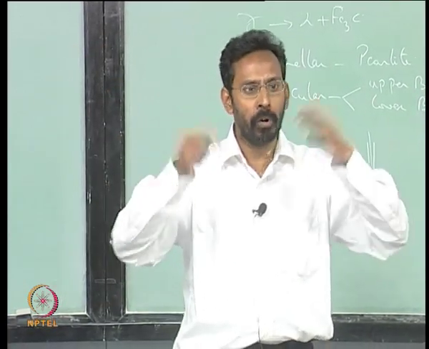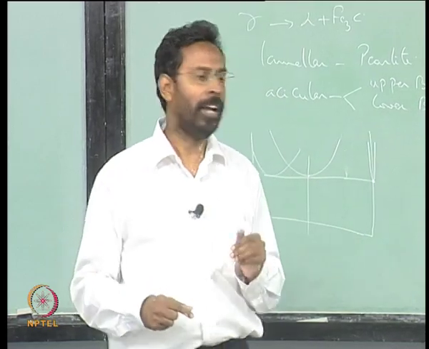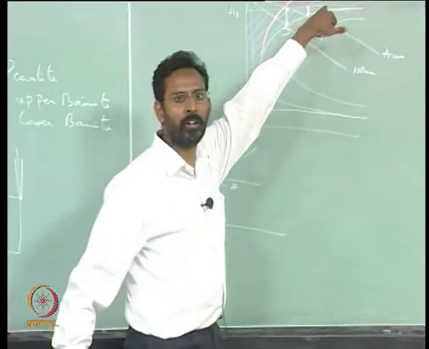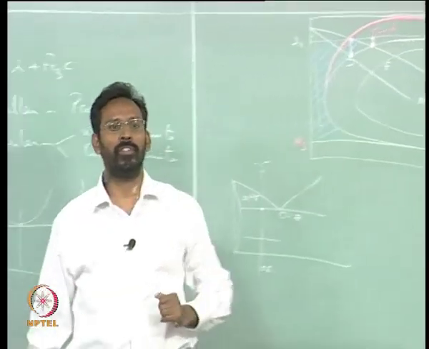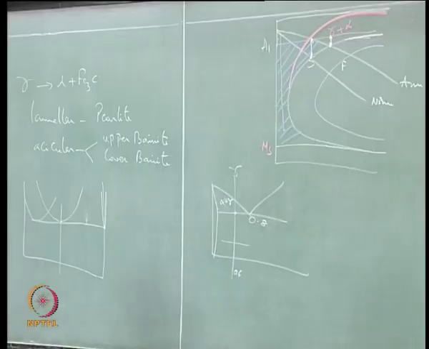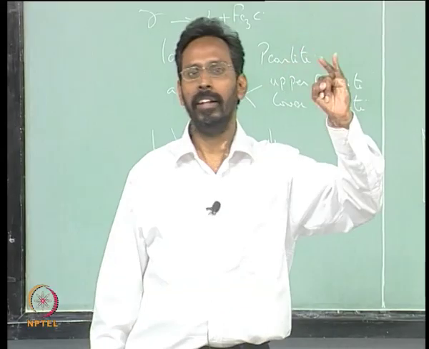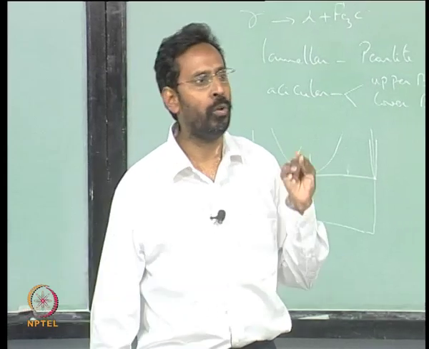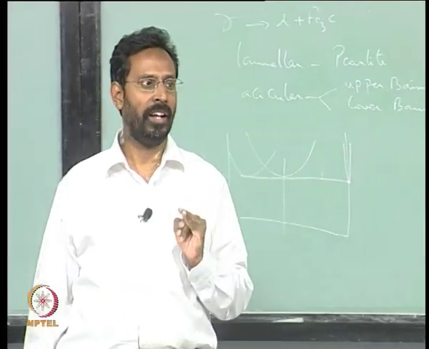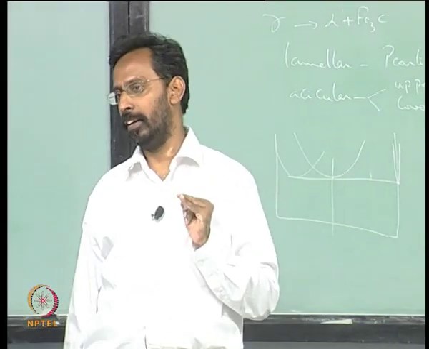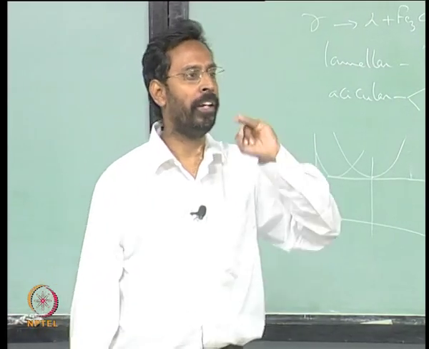One grain is broken into a number of colonies if the undercooling is higher. If the undercooling is smaller, there will be fewer nuclei, that means a bigger colony size. So colony size and interlamellar spacing are the two basic differences between normalized and annealed. This is as far as it is a 0.8 carbon steel.